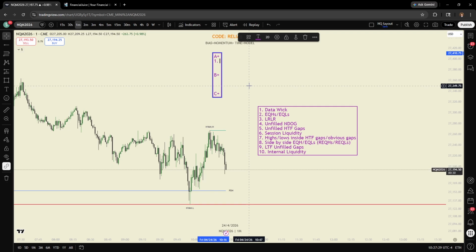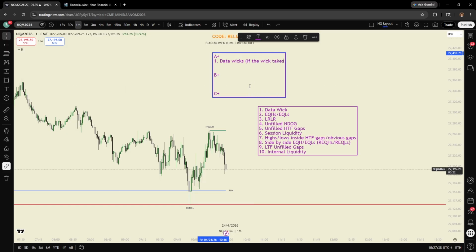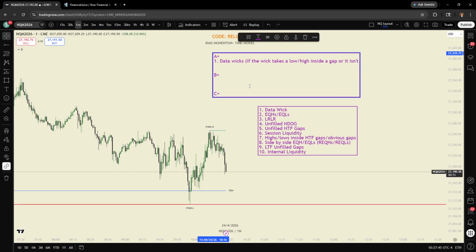So number 1 is always going to be data wicks, right? But something that's important to note is if the wick takes a low slash high inside a gap or it isn't pronounced, it's less important.